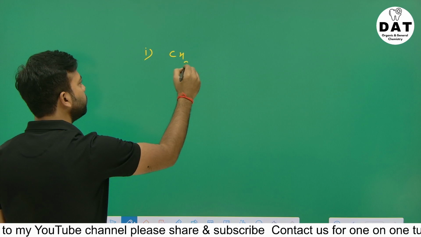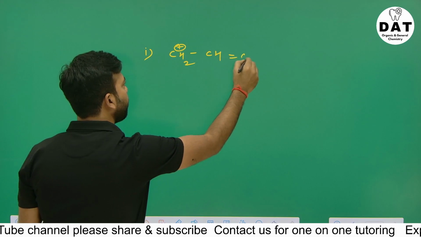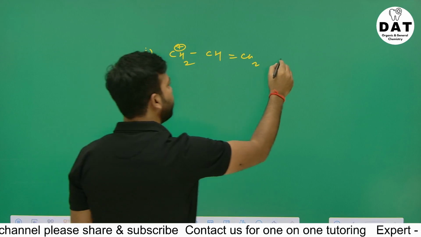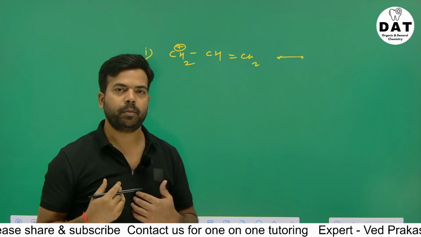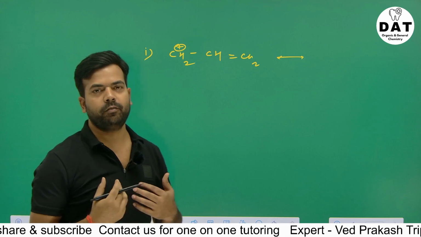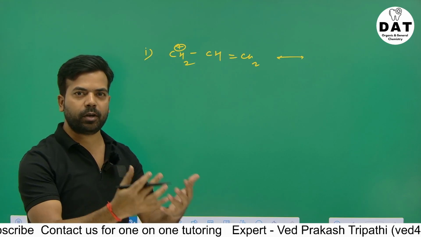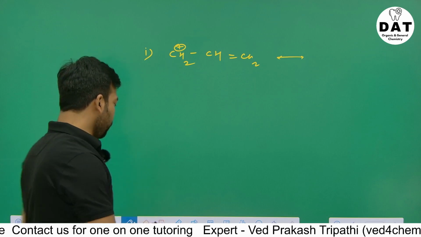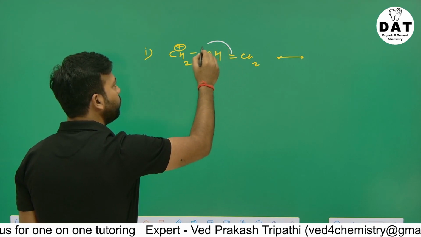This one. Look very carefully. In resonance structure, suppose I am a positive charge. It means I am very deficient in nature. So I will grab the electrons, the nearest double bonded electrons. So the arrow will move like this. Look at the arrow movement. This double bond electron will move here.